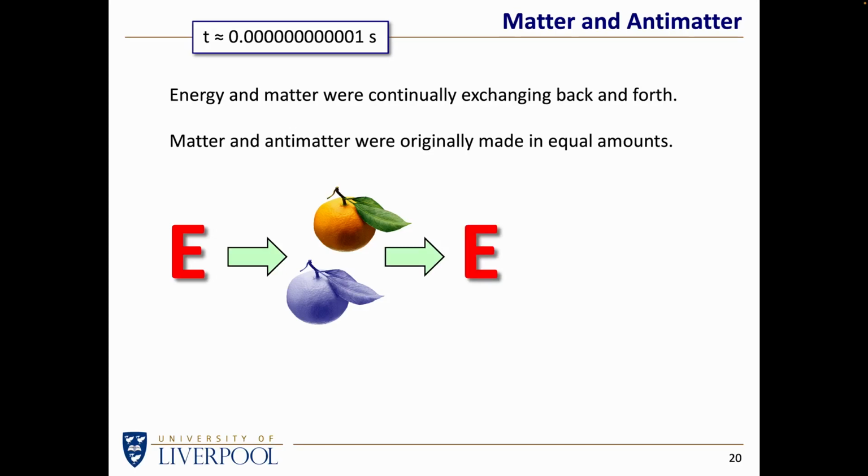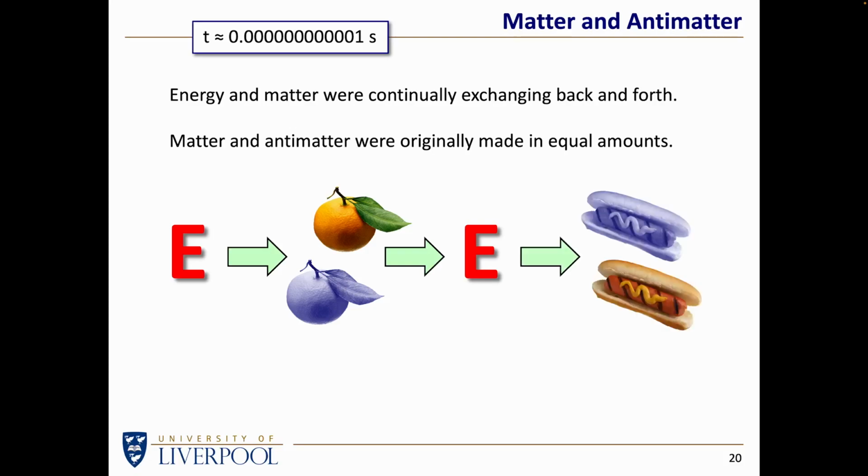Once those matter and antimatter particles have generated energy, that energy can go on to make a different particle and a different antiparticle. Okay, yes, it's unlikely to be a hot dog and an anti-hot dog. Almost certainly it'll be quarks and electrons and other fundamental particles. But the point is, it'll be happening backwards and forwards. Energy and matter continually exchanging back and forth.